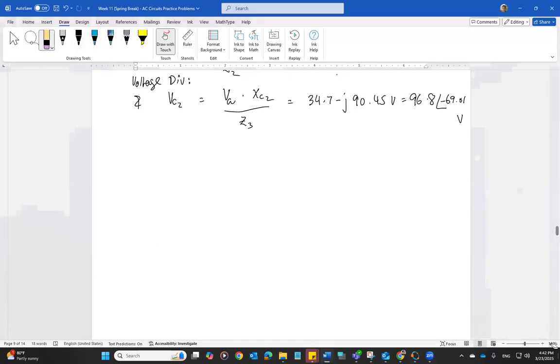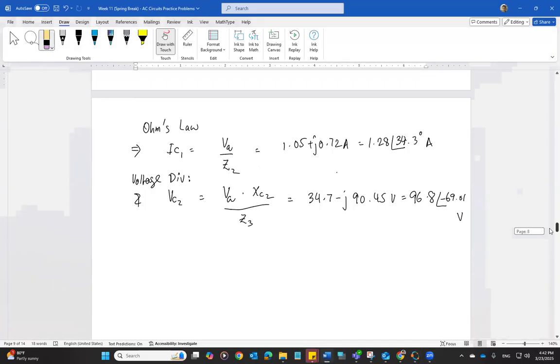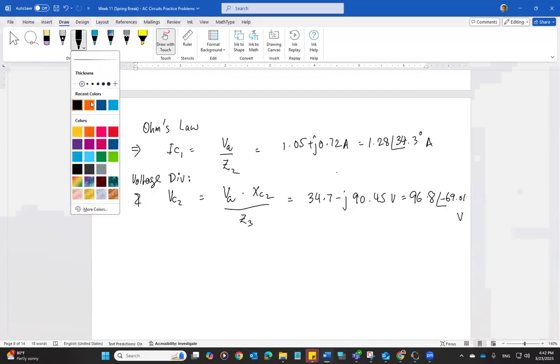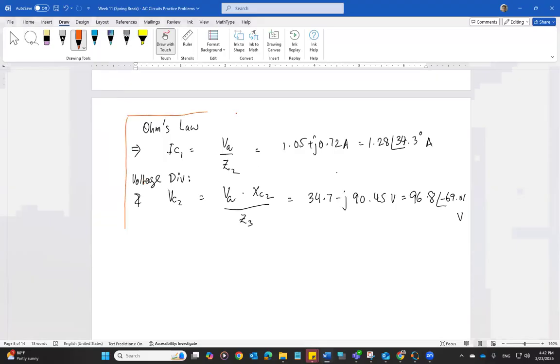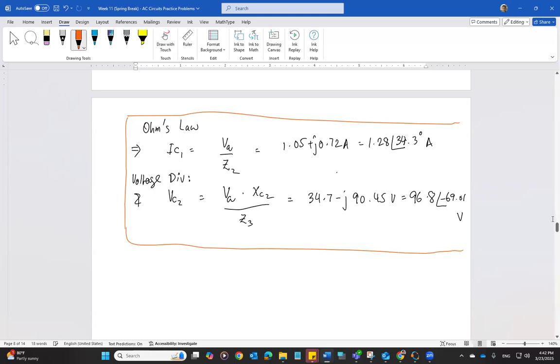So these are our two required quantities. And once again, you saw how simple it is to solve it.